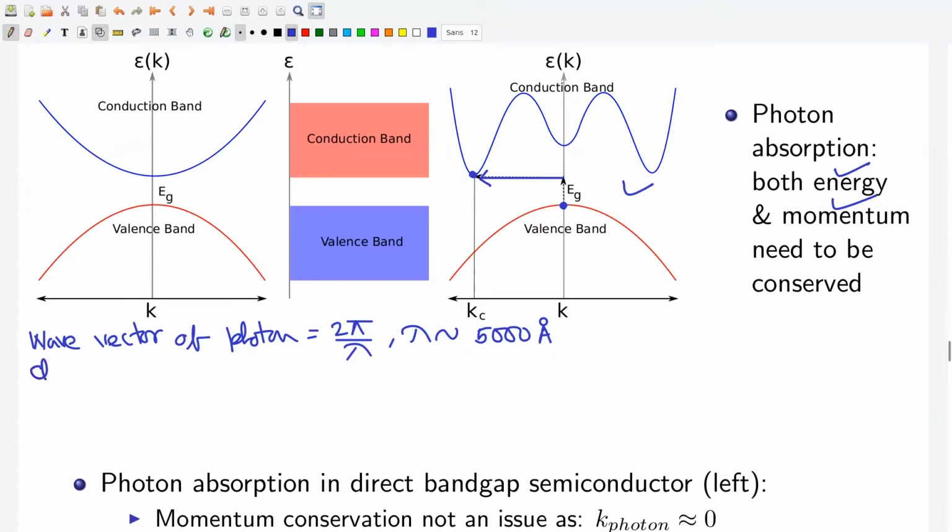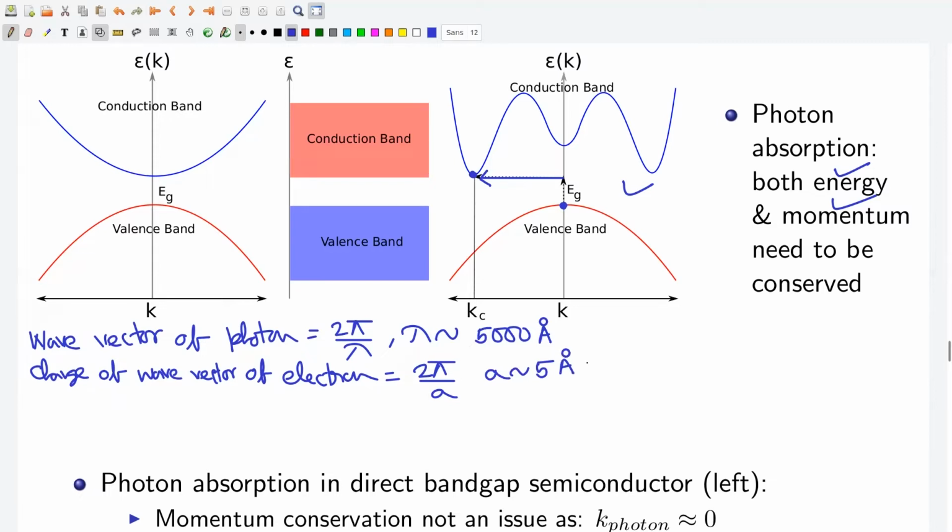Thus, change of wave vector of electron, in this case, we find that this is approximately equal to the dimension of the first Brillouin zone, that is 2 pi by A, where A is the lattice parameter, which is of the order of 5 angstrom.